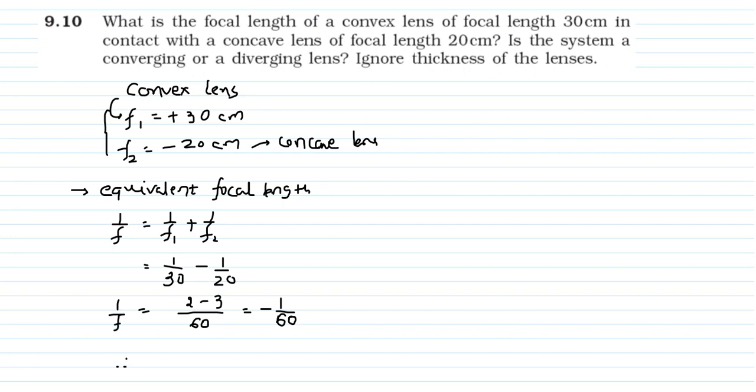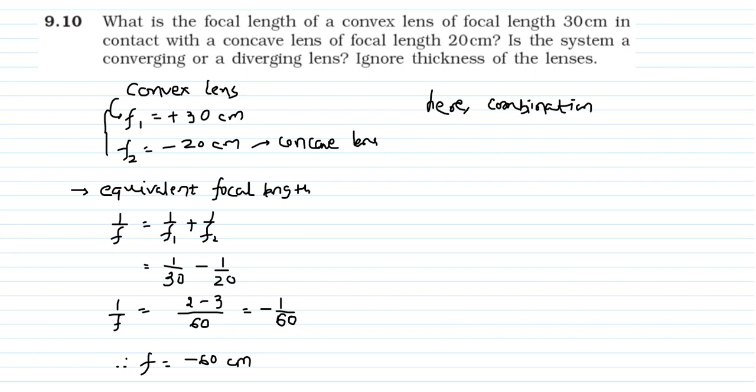Therefore the equivalent focal length is minus 60 centimeter. So we can say that for the combination of lenses, 1 upon f is equal to minus 1 upon 60. So f is equal to minus 60.